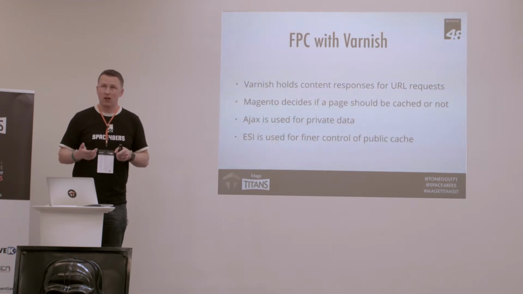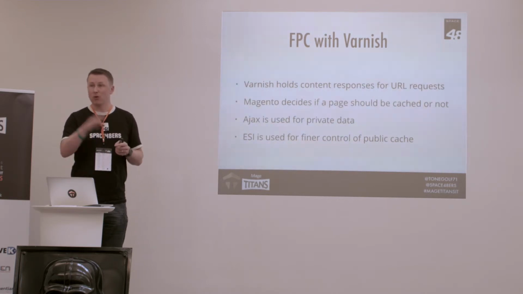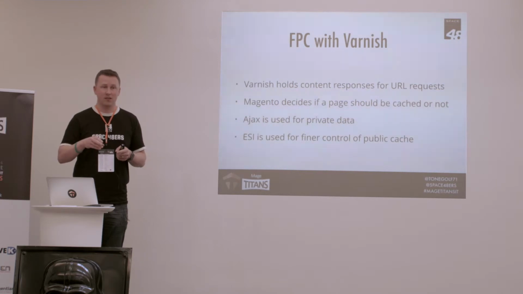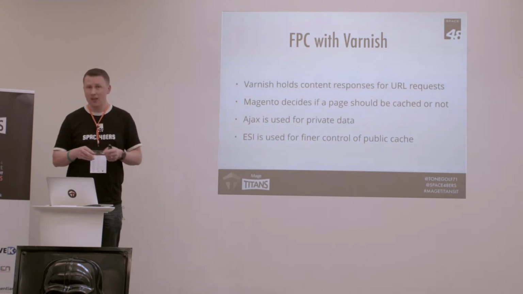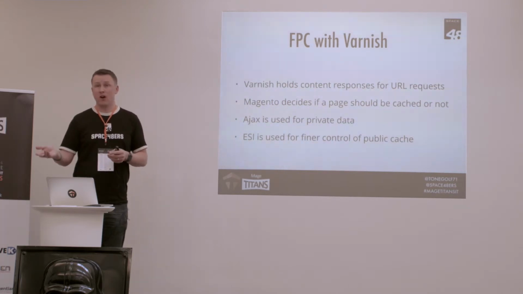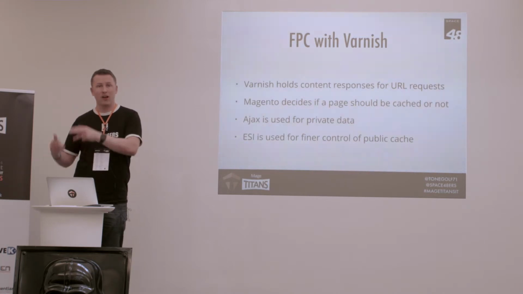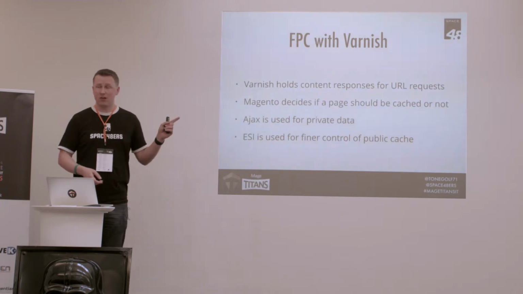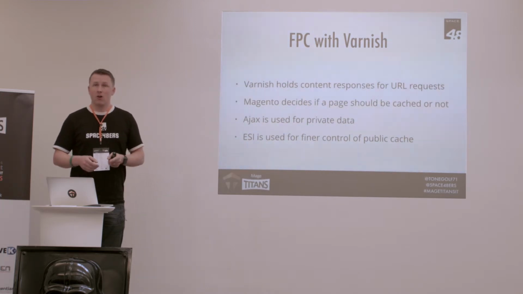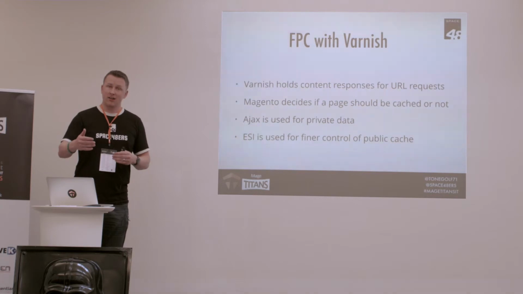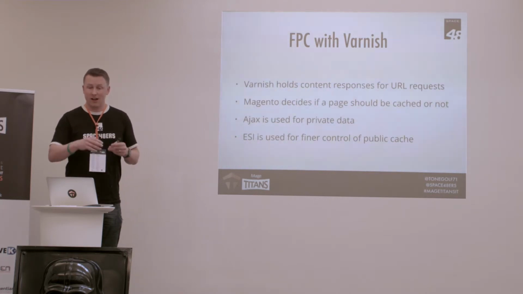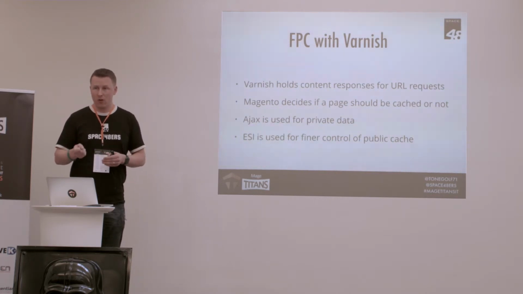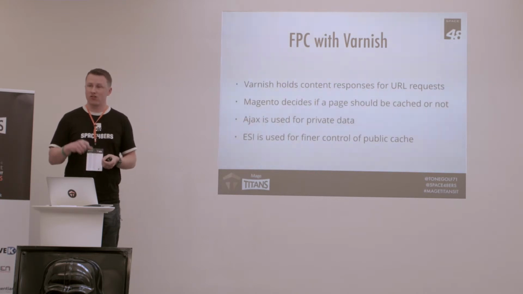But if you've got many of those in the page, then that's multiple requests all happening to pull in this private data, and each is going to make a full request of Magento with layout and everything. So the approach they actually used was to instead use Ajax. The page comes back and then on the client side, Ajax kicks in to make one request, and that request only returns JSON.